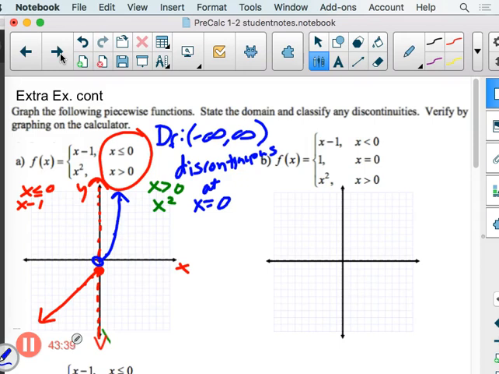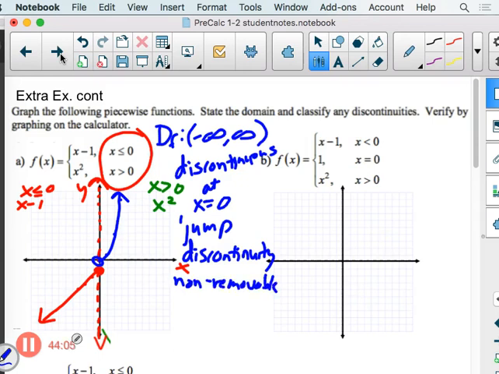So this is a jump discontinuity. And then, is that going to be removable or unremovable? Can we remove jump discontinuities? So this is non-removable.